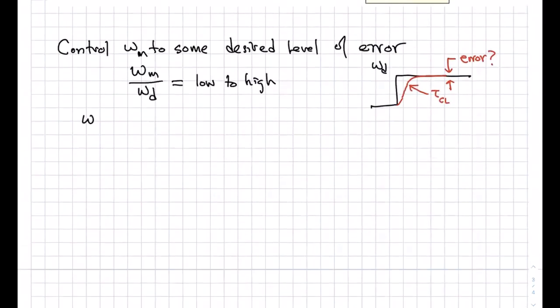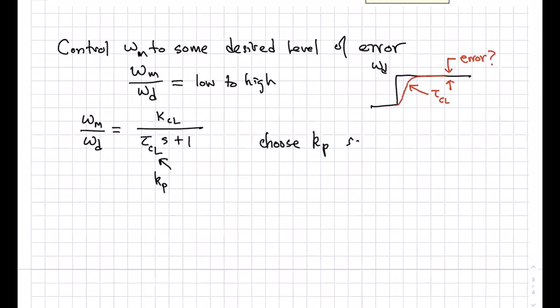Sorry, all the jumping around. If that's going to look something like this, the model, some K CL over tau CL S plus 1. Remember, in here, you have a KP value. So the question in a real simple design is choose KP so the steady state error is within, let's say, 5%, right? So then you can solve for KP.